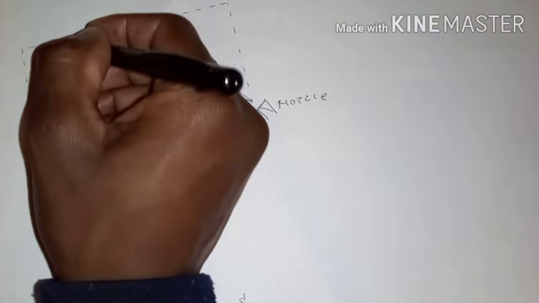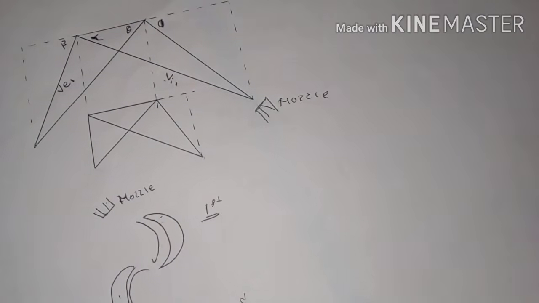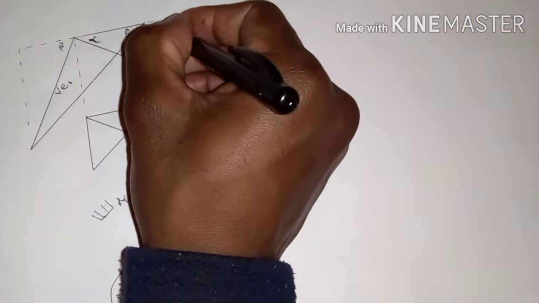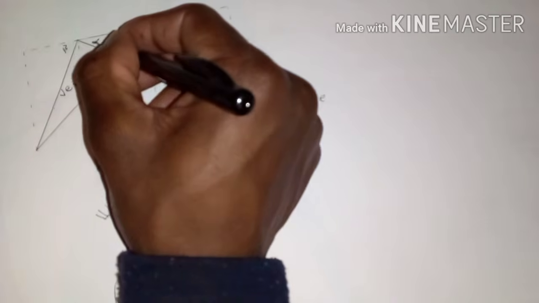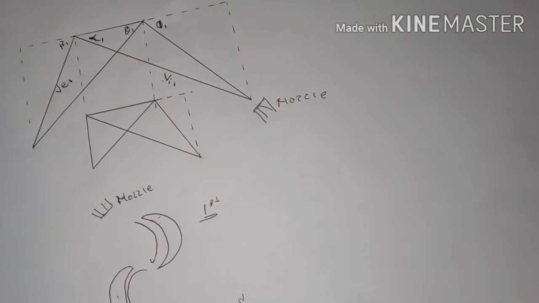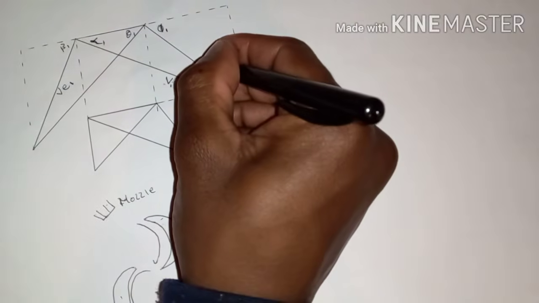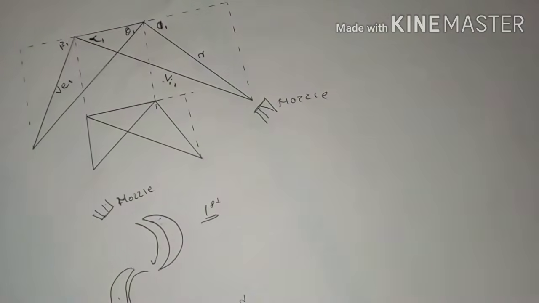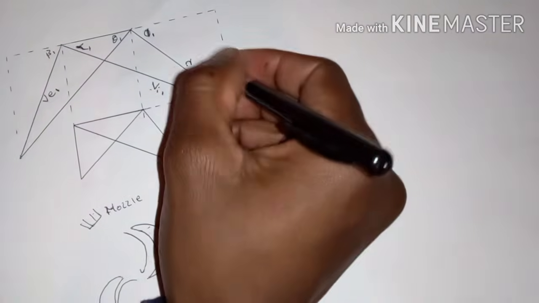This is the outlet angle of the steam. So I'm going to put 1, 1, 1, 1 to represent that this is the information concerning only the first stage. So here on the reactions, I'm just going to put R to make things simple.